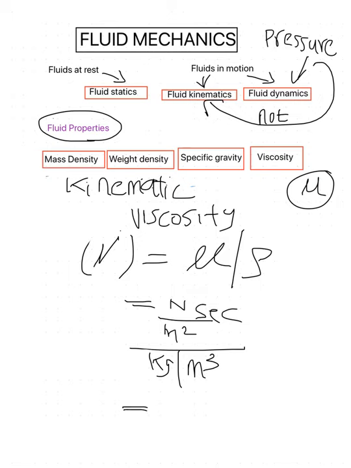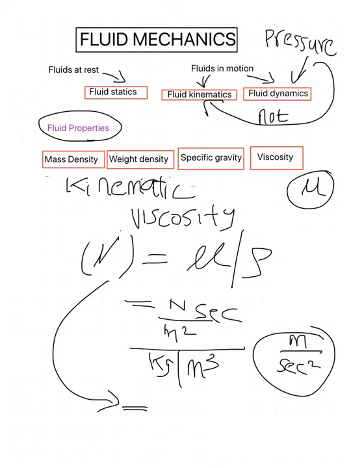Now solving this, we have to convert Newton, because let's make everything in the basic SI units, the three fundamental units: meter for length, second for time, and kilogram for mass. So Newton can be written as kilogram meter per second square. Cancelling all that, we get the final unit of kinematic viscosity as meter square per second.